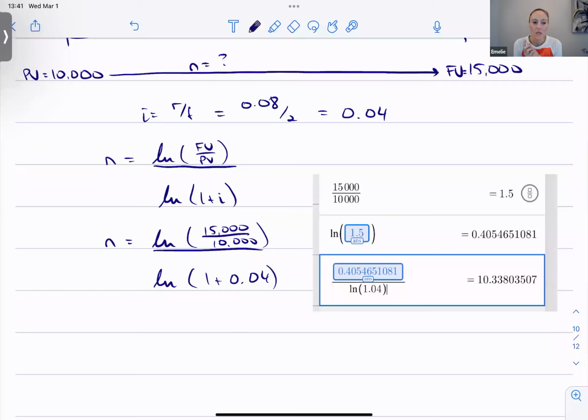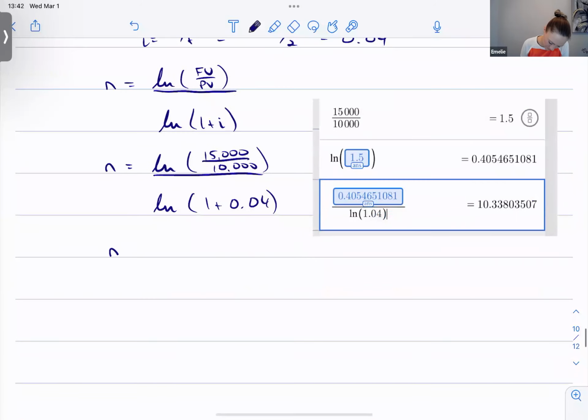Now, here's a note that's going to help you for the Moodle quizzes: Moodle is not smart enough to round this value. However, technically we can't do 10.338 compoundings, and 10 wouldn't get us quite to 15,000, so we always have to round up. But that's just in a real life application. For your Moodle quizzes, it's not built to handle the rounded values.